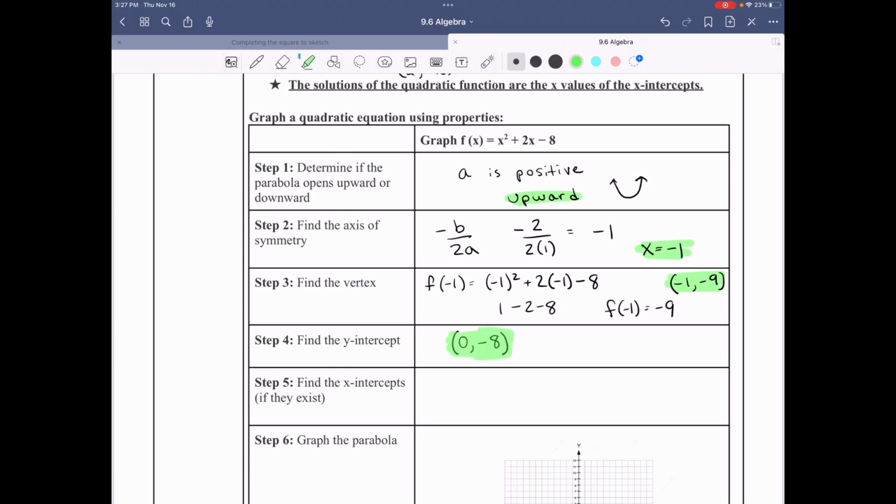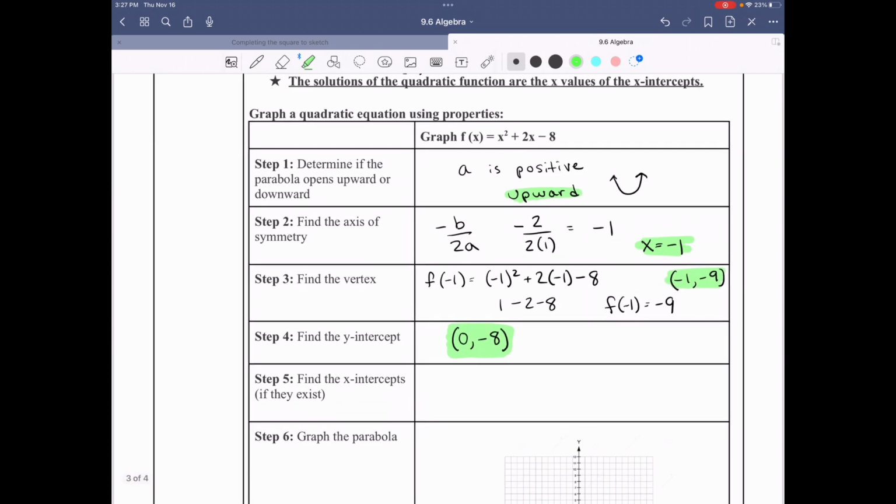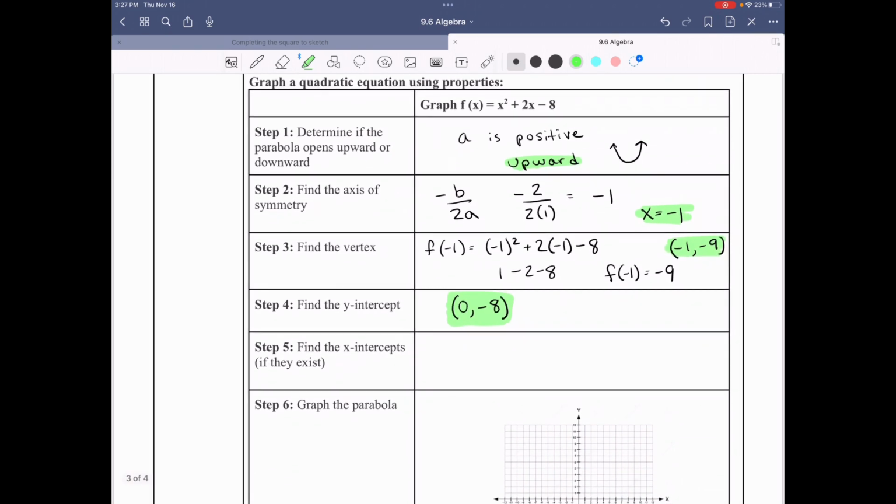We're going to use all of this information to graph. And then we find the x-intercepts if they exist, which means they might be imaginary numbers. But I can find factors of negative 8. Factors of negative 8 are 4 and 2.